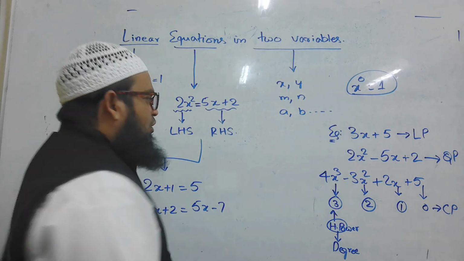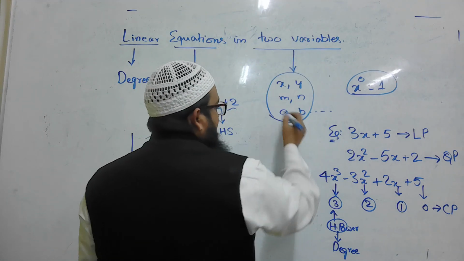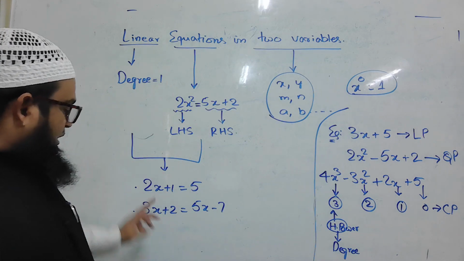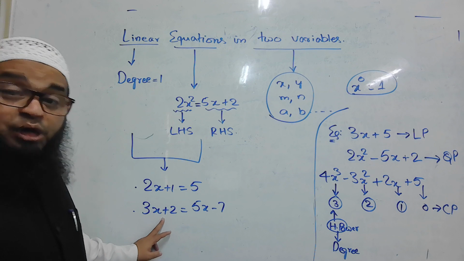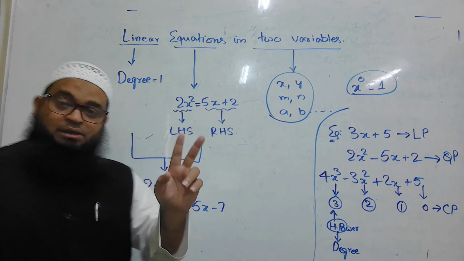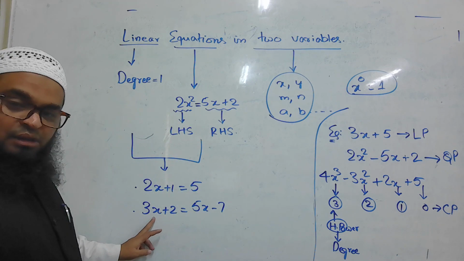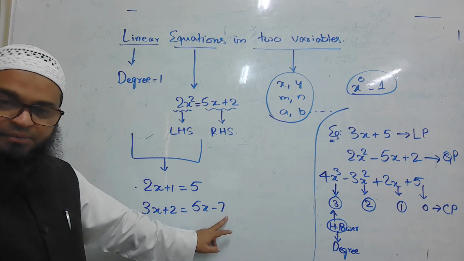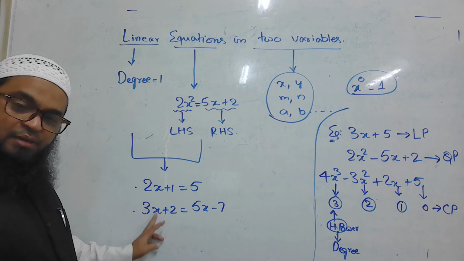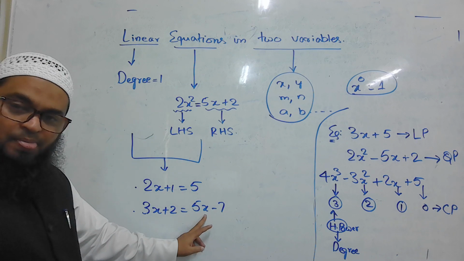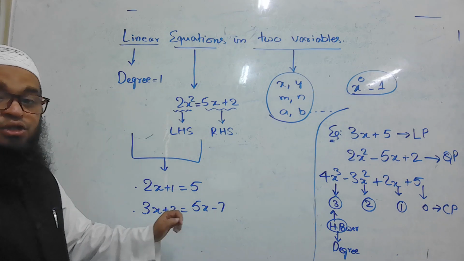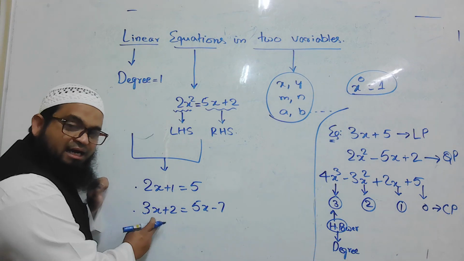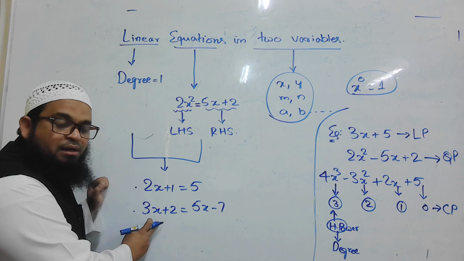So a linear equation should contain two variables. For example, if you take 3x plus 2 is 5x minus 7, here you have the variable x, and here also x. So this cannot be two variables. This is called a linear equation in one variable.